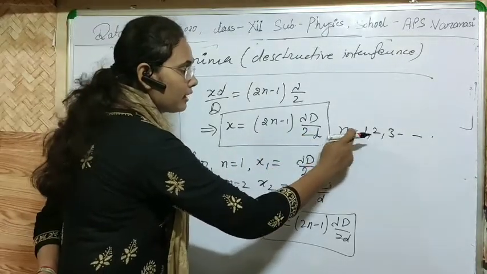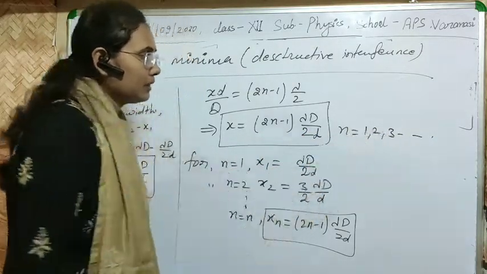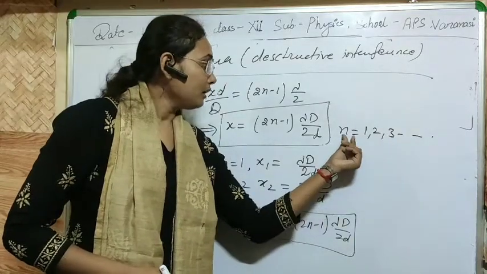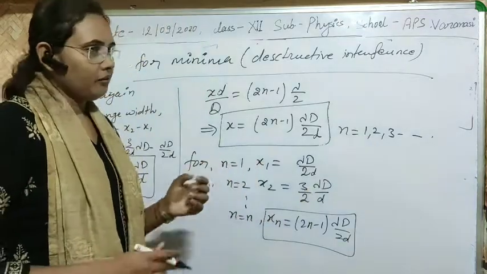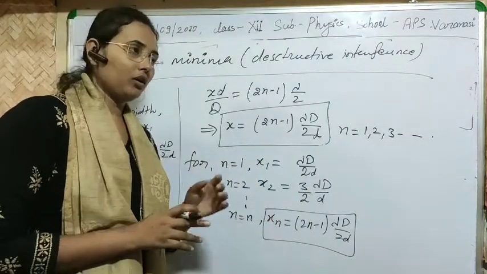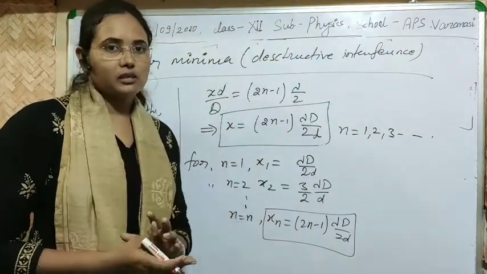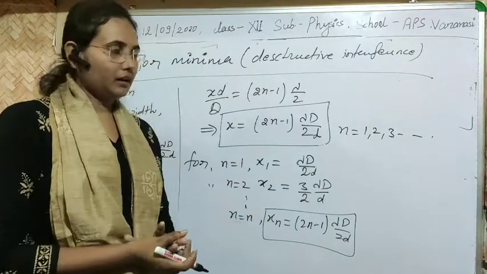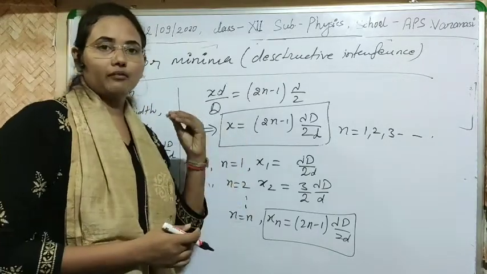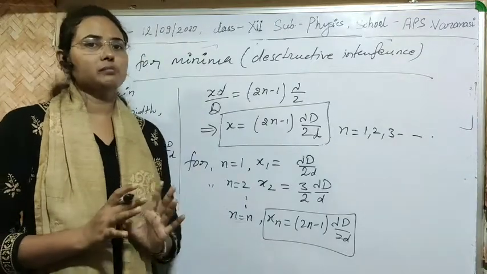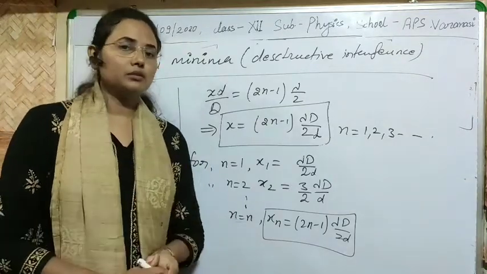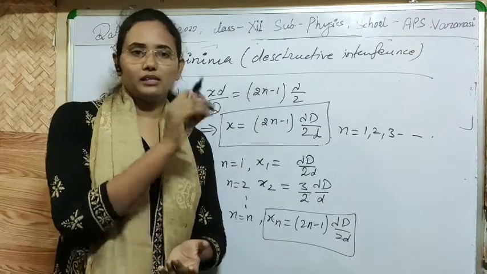Keep one thing in your mind: n must not be 0 here, because for n equal to 0 we already have the central maxima, the bright fringe. For n equal to 0 we can never get a minimum point, because there is no path difference between the waves reaching the central maxima, at point C, the center point.